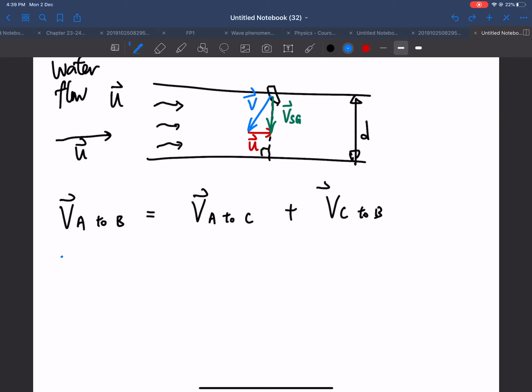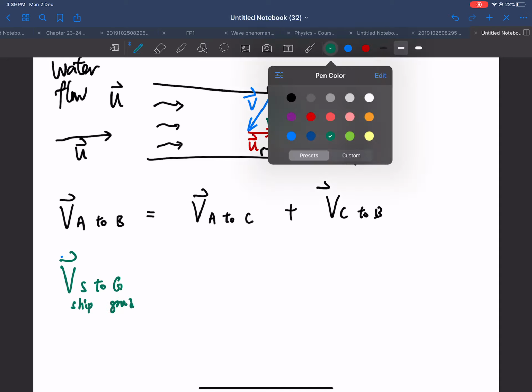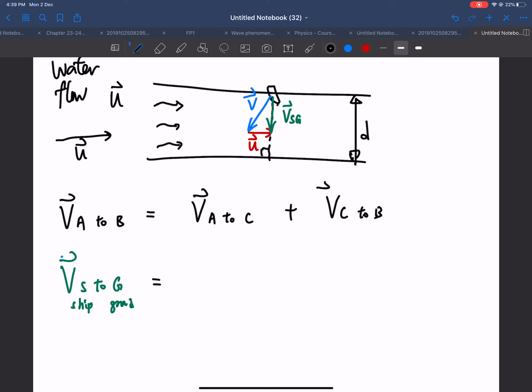So the SG is the ship relative to the ground. Ship relative to the ground equals the velocity of ship relative to water plus the velocity of water relative to ground.